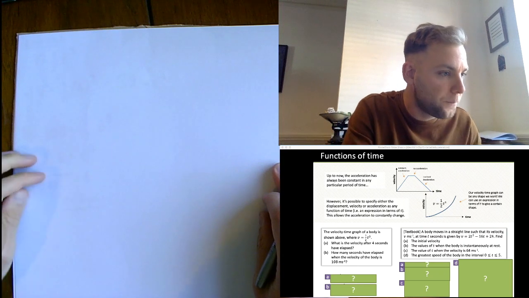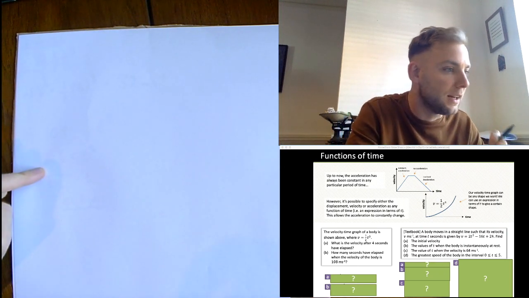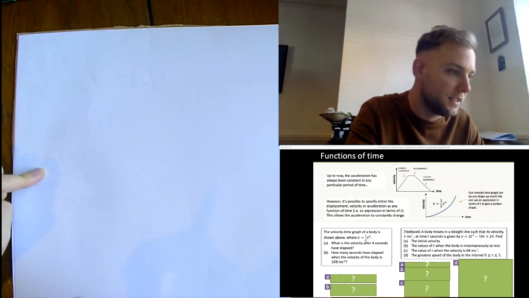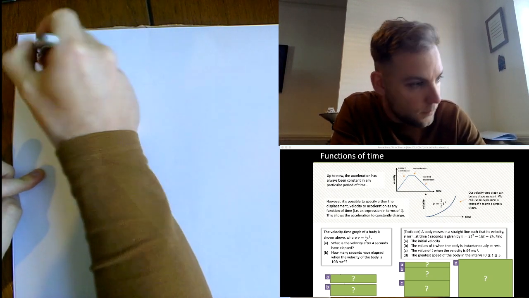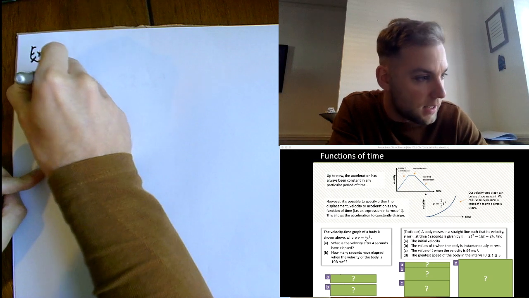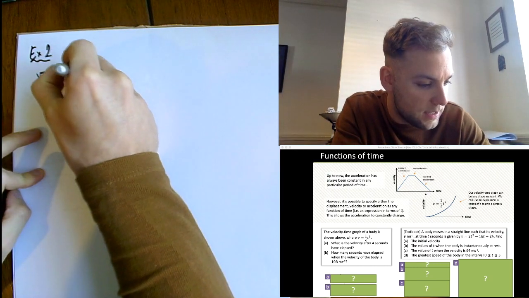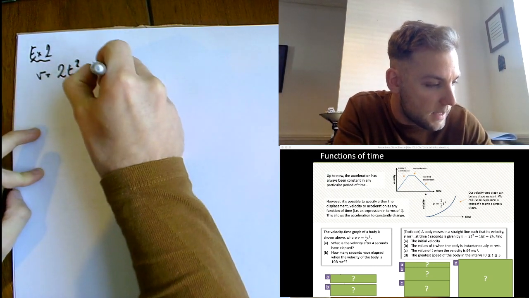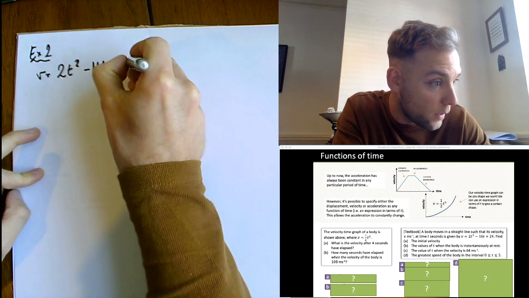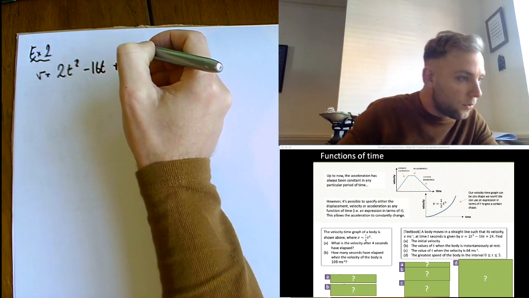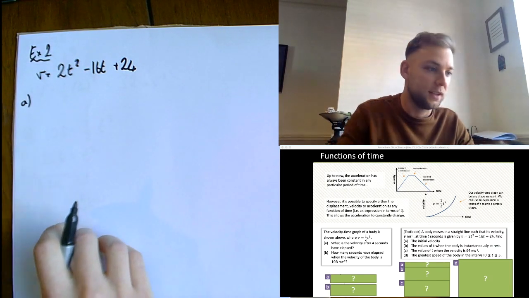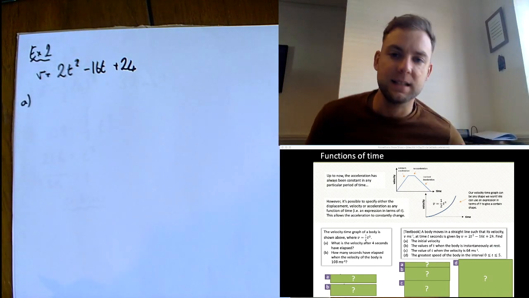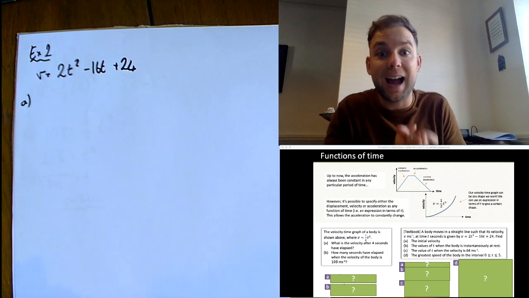Here, a body moves in a straight line such that its velocity is equal to, this is example 2, v is equal to 2t squared minus 16t plus 24. First of all, find A, the initial velocity. The word initial means that our time is equal to 0.